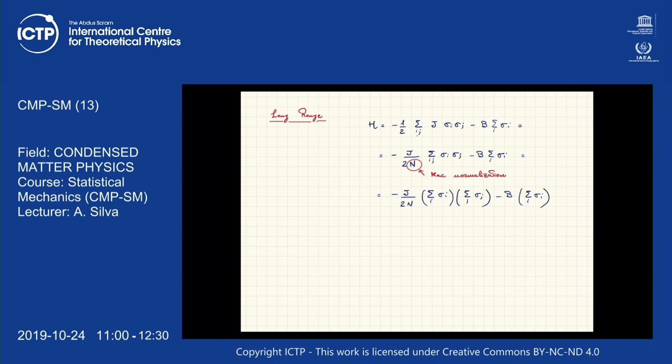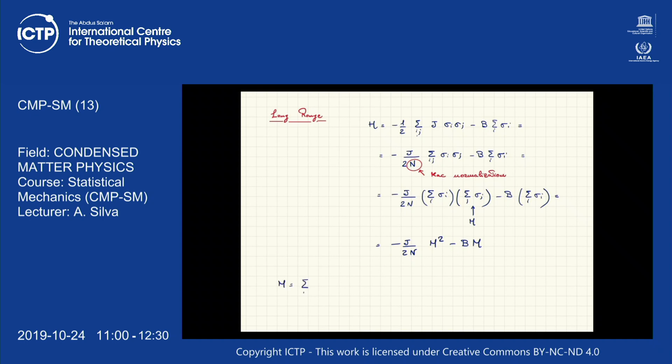Which means that if I now define this as M, this is equal to minus J over 2N times M squared minus h times M. M is a collective variable, this is the magnetization. Okay? Now, I did not even specify the lattice because everybody is interacting with everybody else, so there is no spatial structure to my interaction. Now, what is M now?